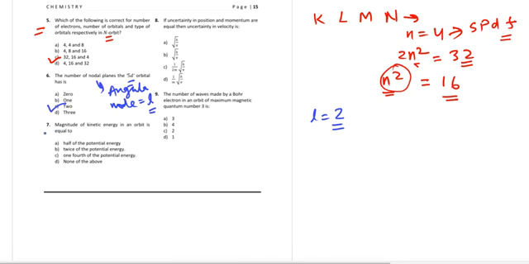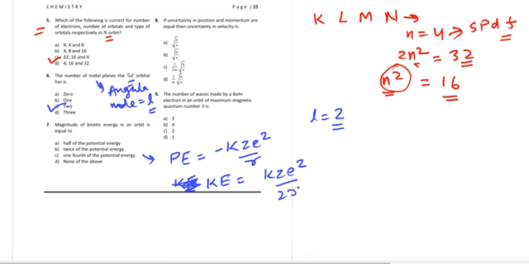Now let's discuss question number 7. Magnitude of kinetic energy in an orbit is equal to. Okay, fine. We solved this in the lecture also, that potential energy is equal to minus kZe²/r, and kinetic energy is equal to kZe²/2r.